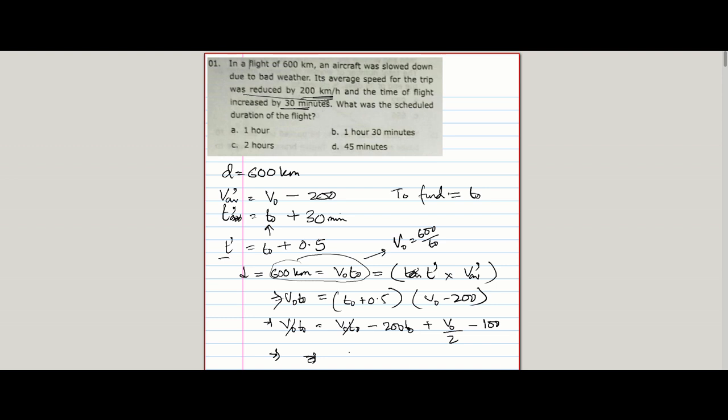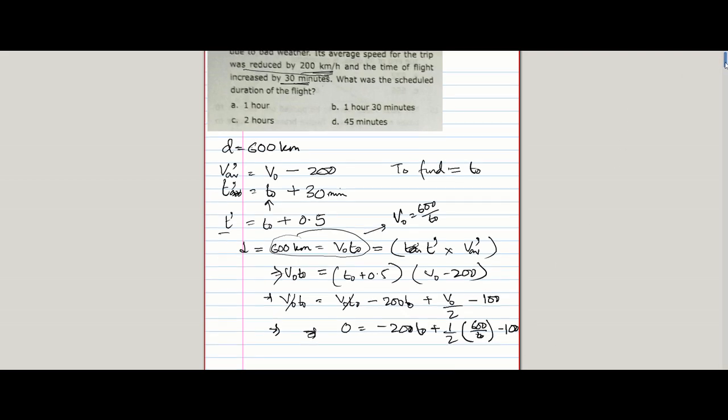So this equation is 0 equals minus 200 t naught plus half v naught, that is 600 by t naught, minus 100. So this equation will become 0 equals minus 200 t naught square plus 300 minus 100 t naught.